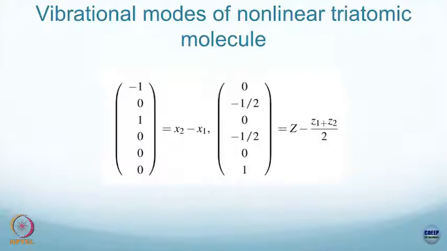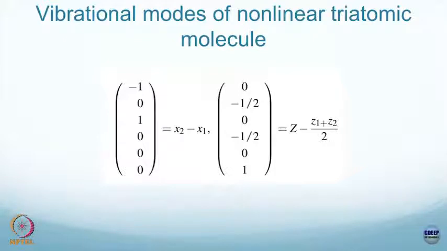So, I am just trying to give you a flavor of how, without even finding that q1, q2, q3 by the long method, you can still work out the projectors and find the basis functions, and then you can say that the normal modes are these bases or linear combinations of these bases.